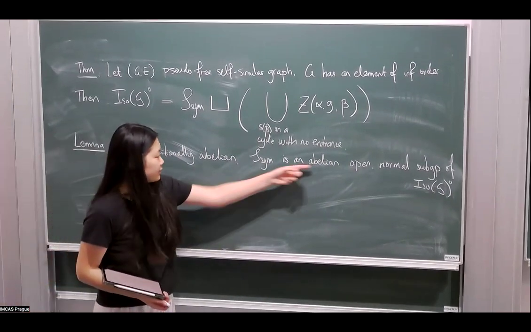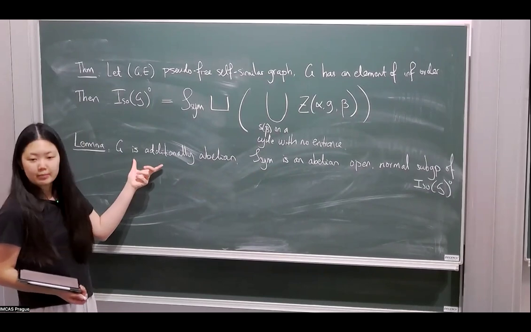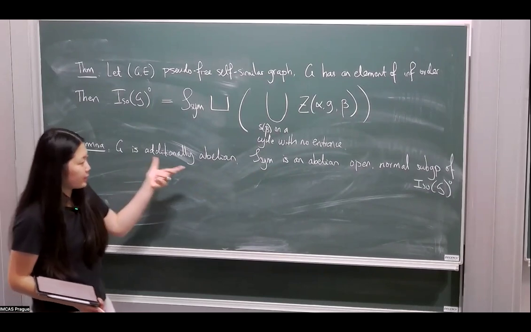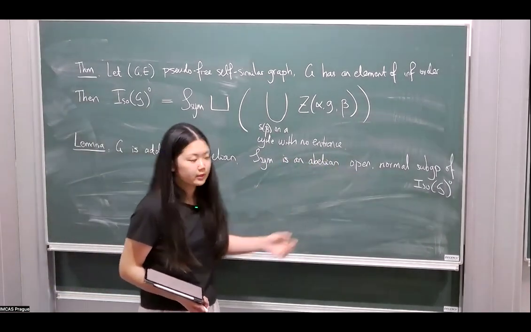Really, the abelianness of S_sim requires the abelianness of the group G, but the other properties you can show much more generally.